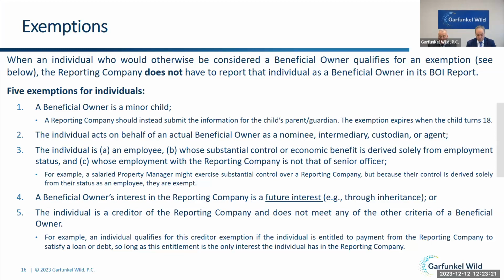Next, the individual is an employee whose substantial control or economic benefit is derived solely from employment status and whose employment with the reporting company is not that of a senior officer. So, for example, a salaried property manager might exercise substantial control over a reporting company, but because their control is derived solely from their status as an employee, they are exempt.